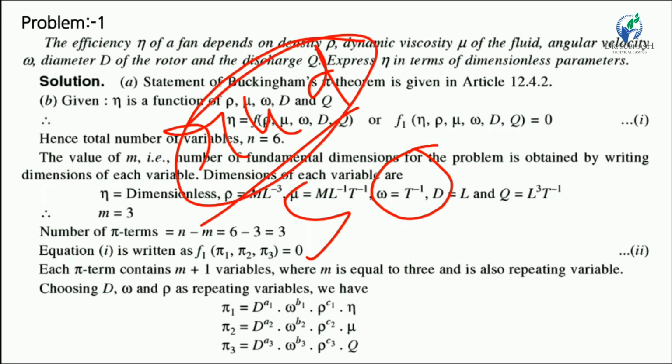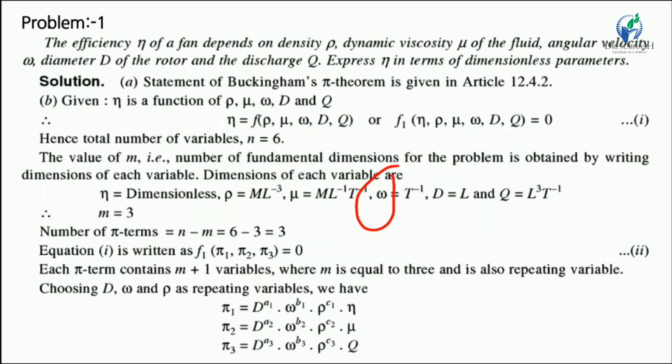Radian is not counted in the fundamental dimensions, only second is counted. So T minus 1 for angular velocity. So note this MLT of angular velocity. Now for diameter the MLT is L. Discharge is volume per unit time, L cube T minus 1.